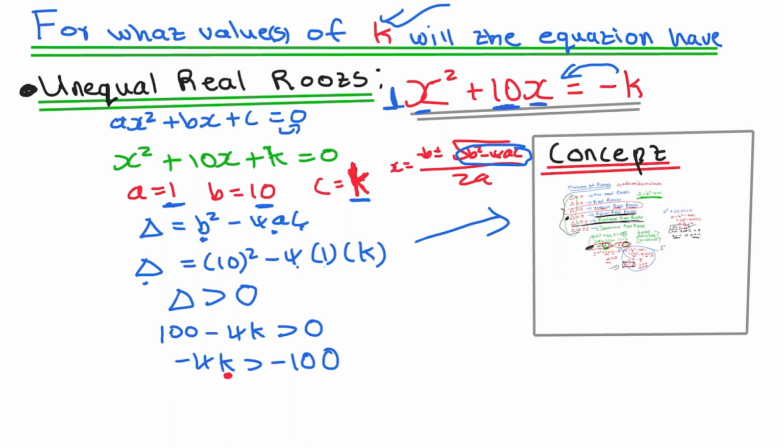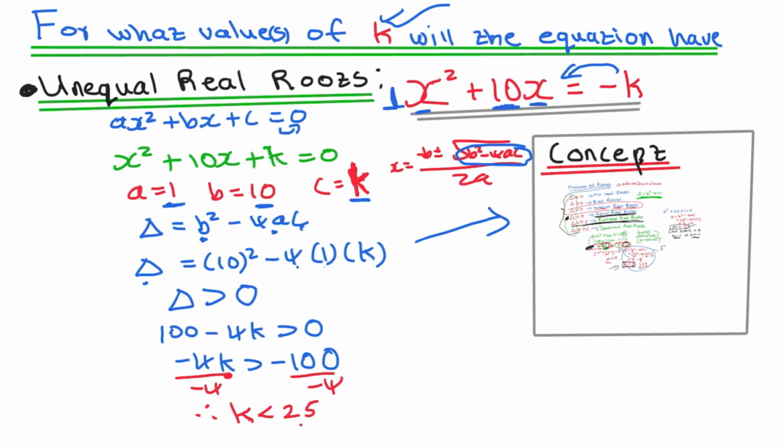But remember, guys, when it comes to inequalities, whenever you divide an inequality by a negative value, the inequality changes from greater to less or from less to greater. So I divide by -4, and k is no longer greater but less than. -100 over -4 is positive, 100 over 4 is 25, which means my values of k should be less than 25 for this to work.